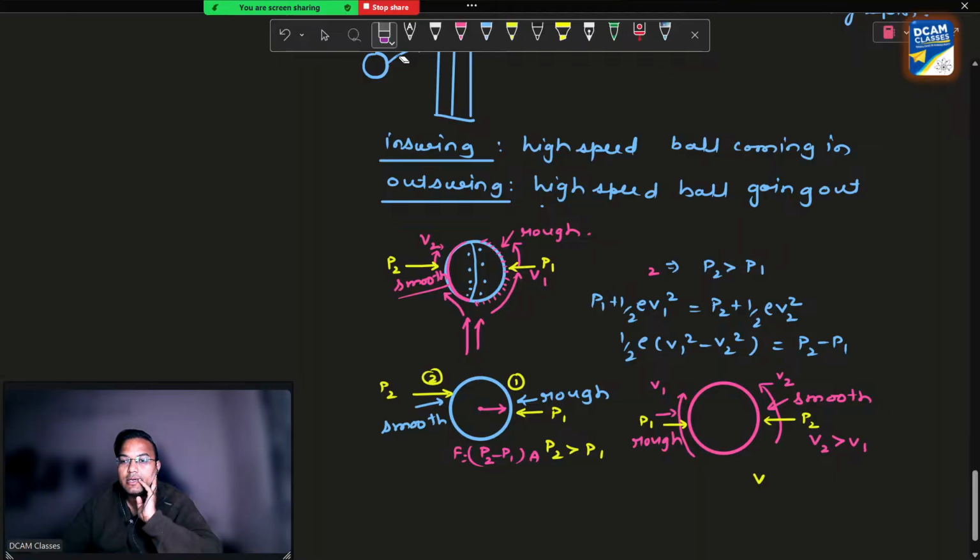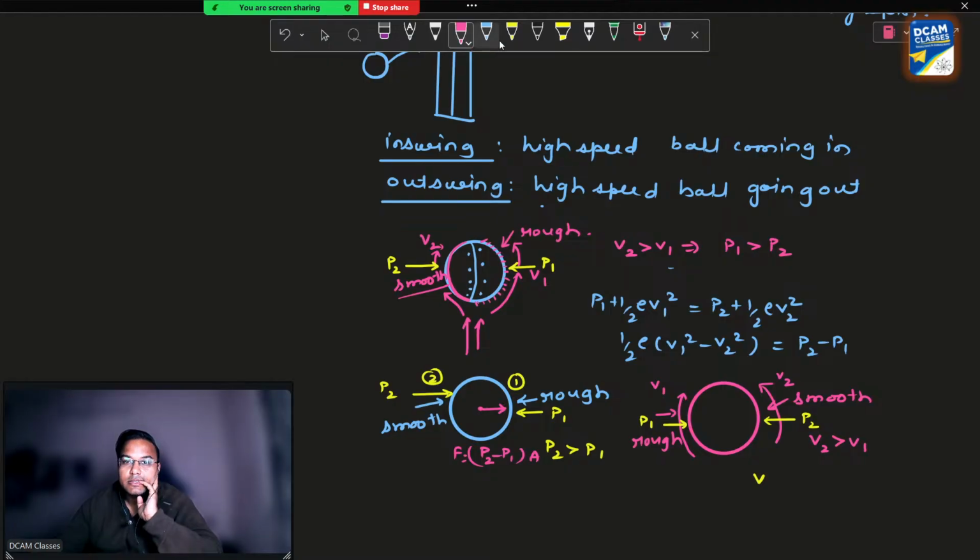Here I have taken the case where v2 was greater than v1. If v2 was greater than v1, then P1 will be greater than P2.